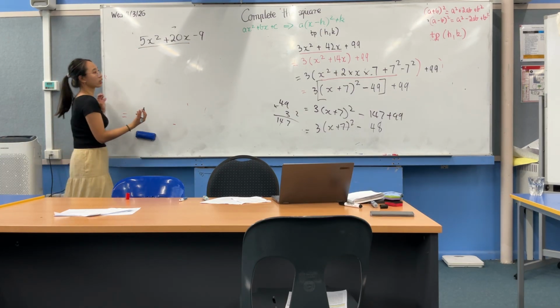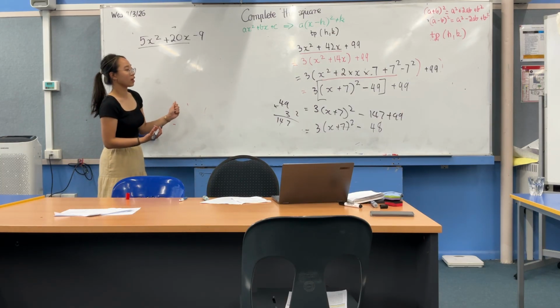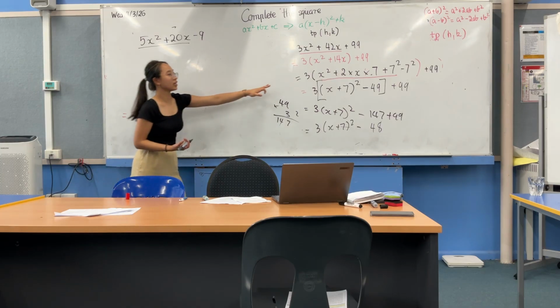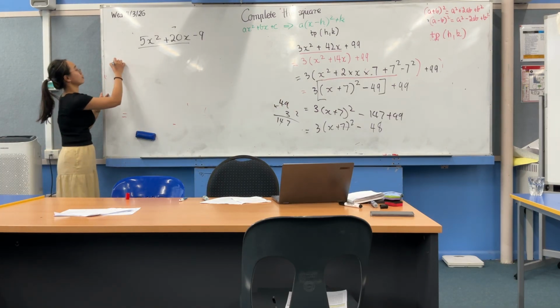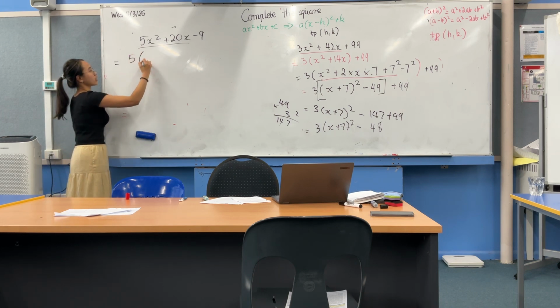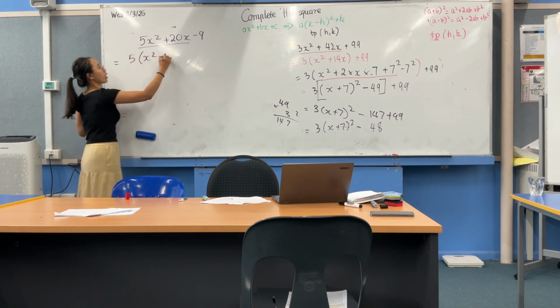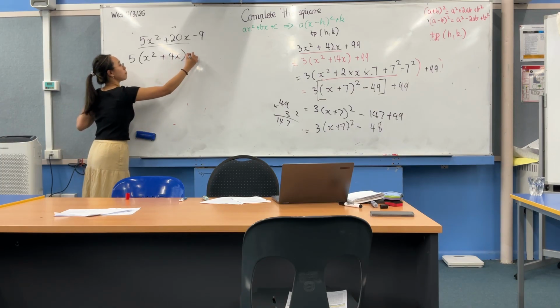After that, you're gonna complete the square inside the bracket, and then after that, you open up the big bracket. Let me try out this one. This one should be easier. Highest common factor 5, take it out. We're left with x squared plus 4x minus 9.